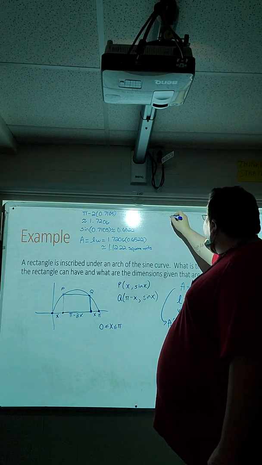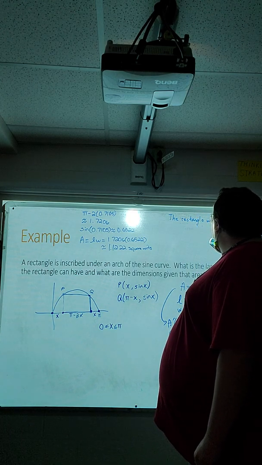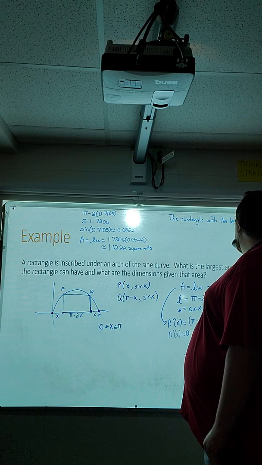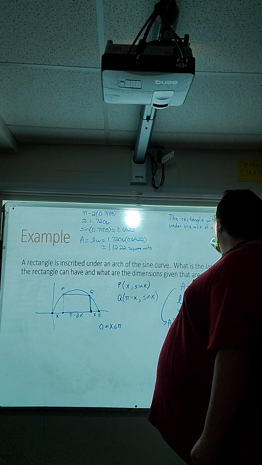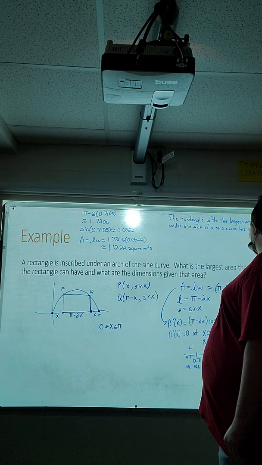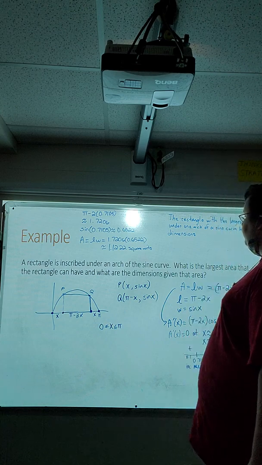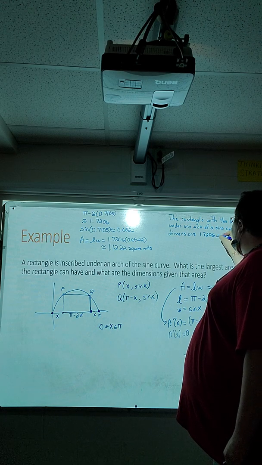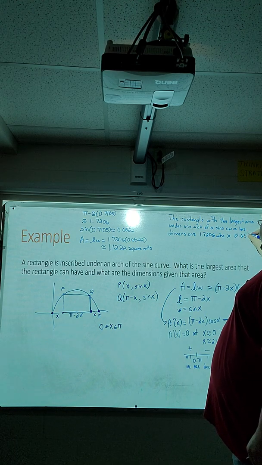To write this in context, the rectangle with the largest area under one arc of a sine curve has dimensions 1.7206 units by, you can use a big X for by, 0.6522 units.